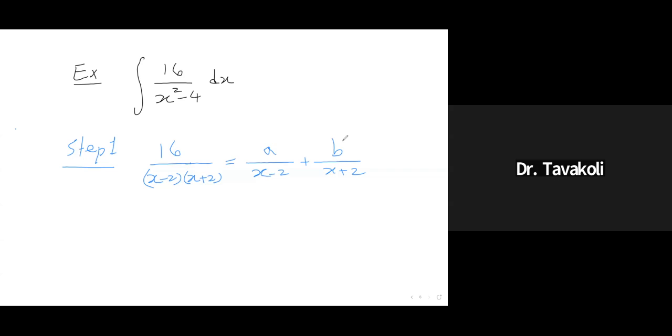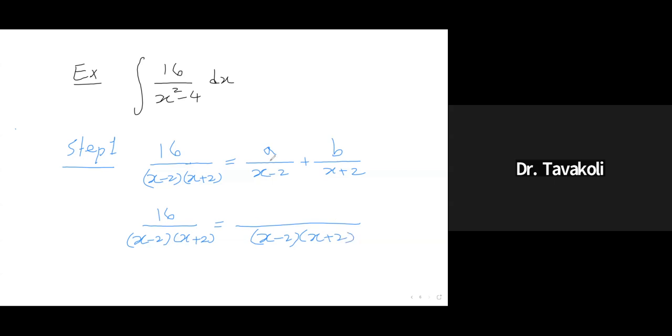Please try to find a and b the way that I did for the previous example. So the left side remains as it is, 16 over x minus 2 times x plus 2. On the right side, I find the common denominator, which is the product of x minus 2 and x plus 2.